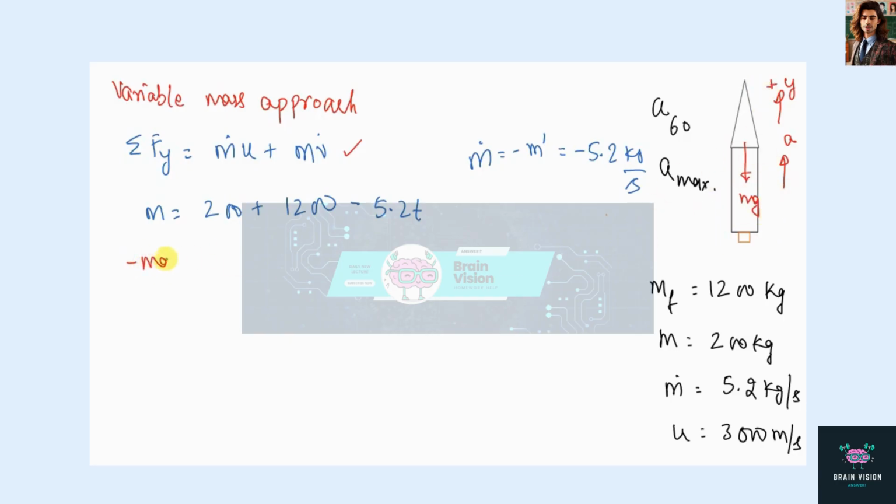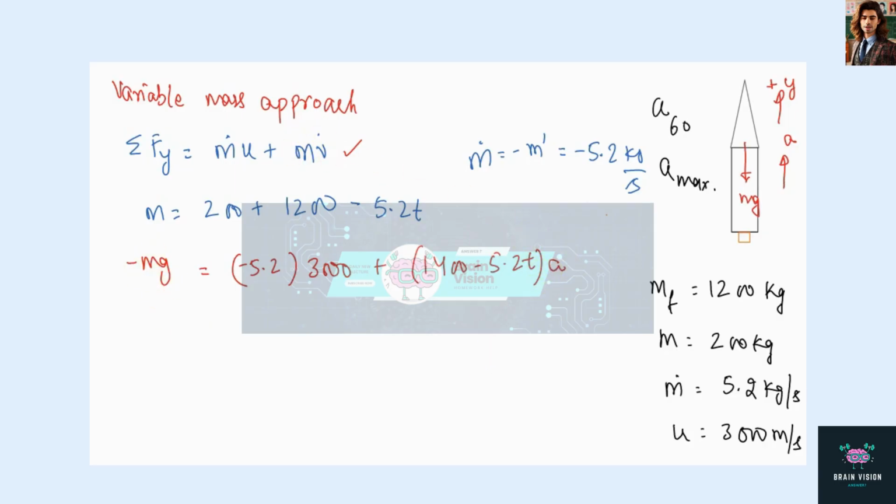So minus mg is equal to m dot, which is minus 5.2, times u, which is 3000, plus the mass, which is 1400 minus 5.2 t, times v dot. Rate of change of velocity is acceleration, so we can write v dot as a.